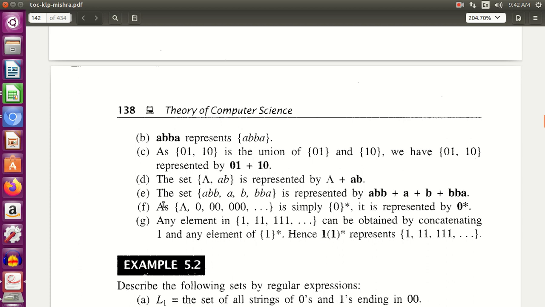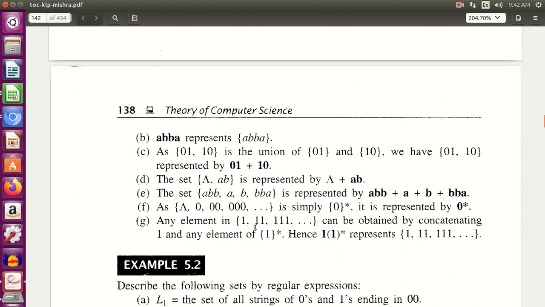Why? Because there is no lambda. So inside the bracket we have lambda, 1, 11, 111, and then we have an extra 1 outside, which when concatenated will always give 1, then 11, then 111. There won't be any lambda.